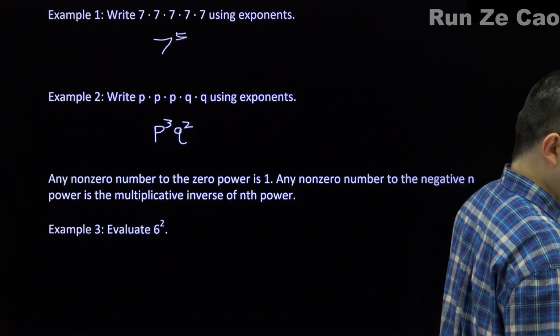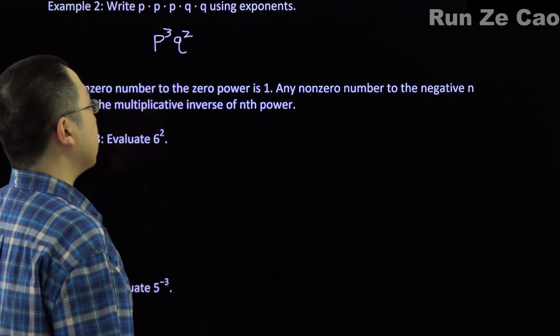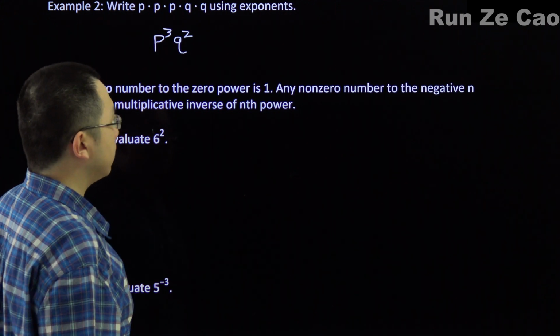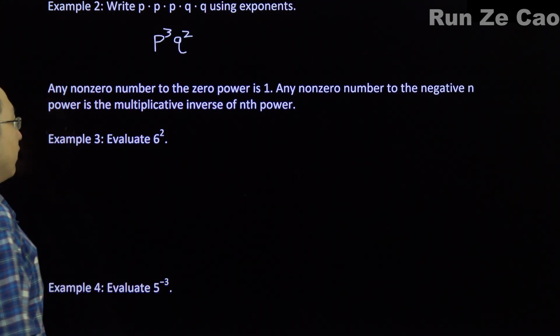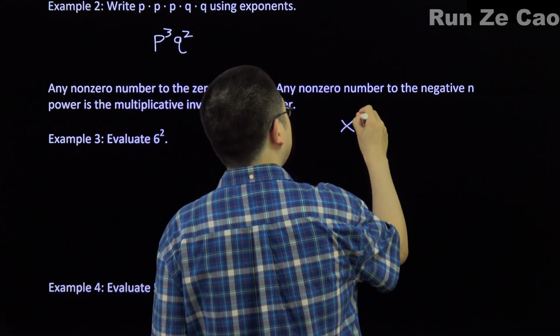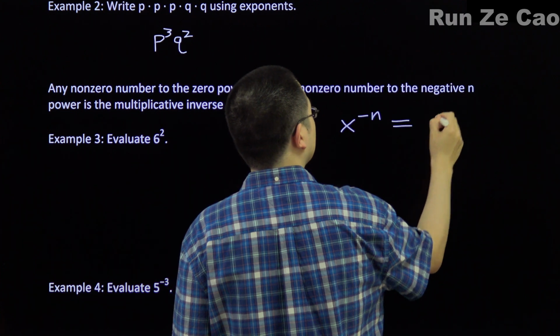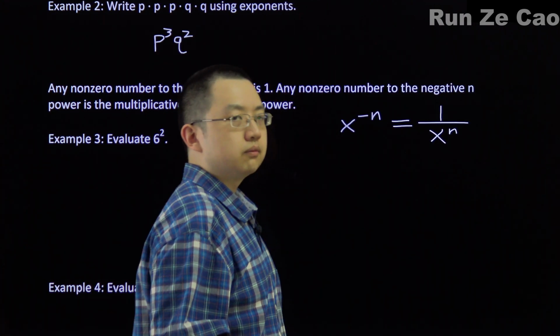Any non-zero number to the 0th power is 1. And any non-zero number to the negative nth power is the multiplicative inverse of the nth power. So in other words, x to the power of negative n is equal to 1 over x to the nth.